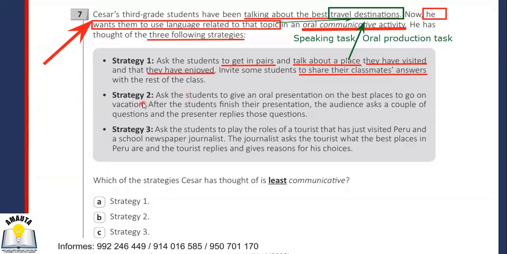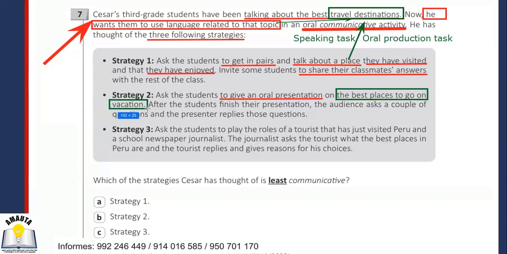Yes. The second strategy says, ask the students to give an oral presentation. Yes. The activity is individual. Here, students don't talk to another peer as in the first strategy. They give an oral presentation by themselves on the best places to go on vacation.